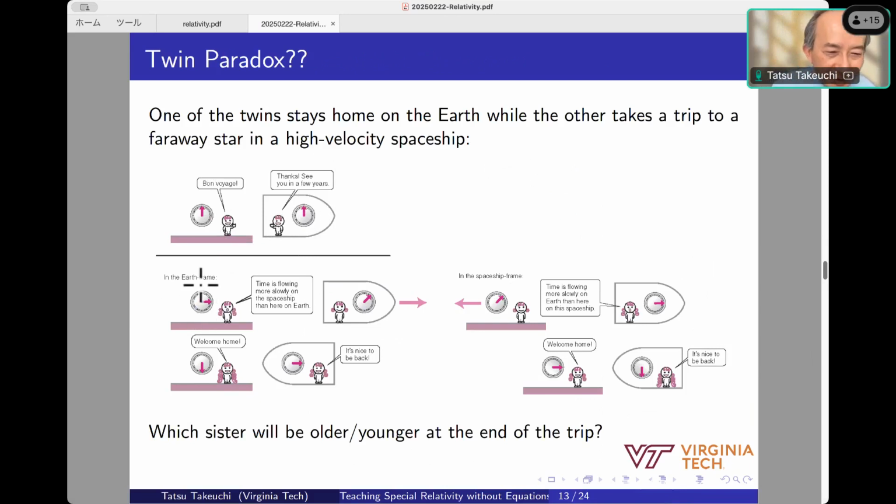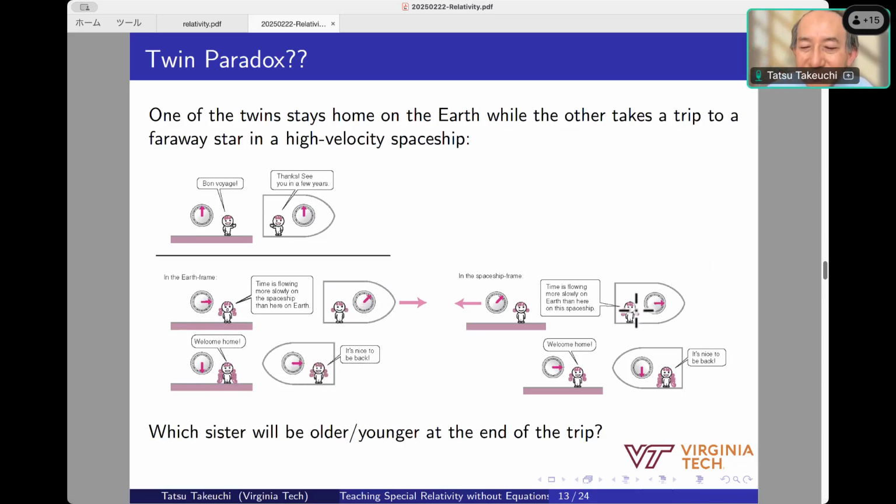In the Earth frame of reference, because the rocket ship is moving at very high speeds, the Earth frame observer will think that time in the spaceship is passing at a slower rate. So when the spaceship comes back, the Earth frame observer will expect the other sibling to be younger than she is, right? Because time on the spaceship is passing more slowly.